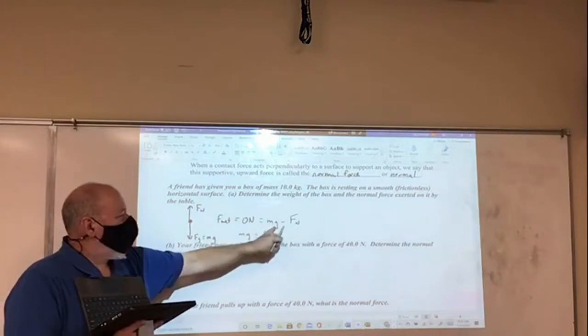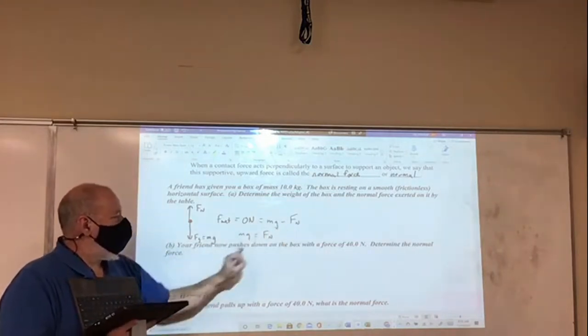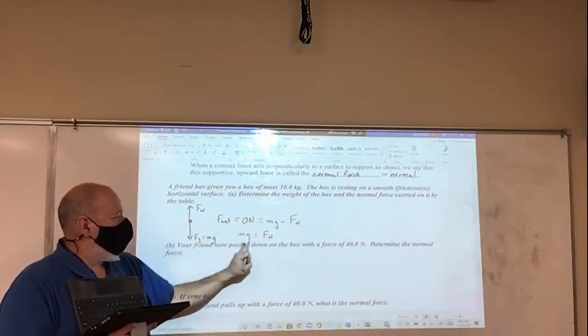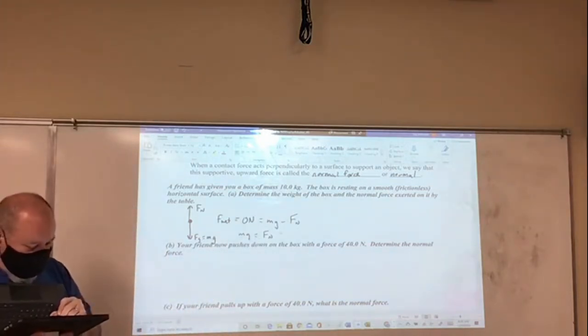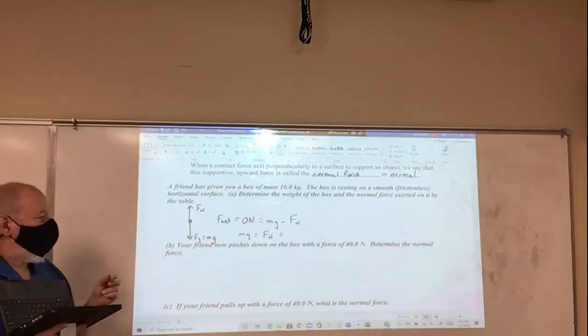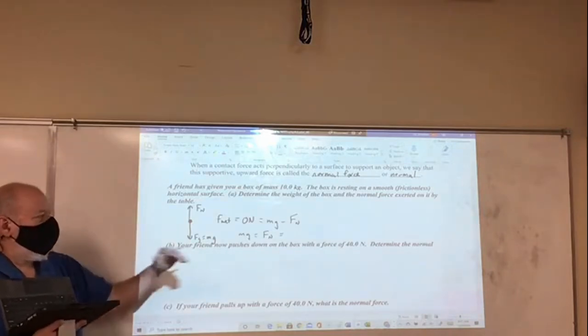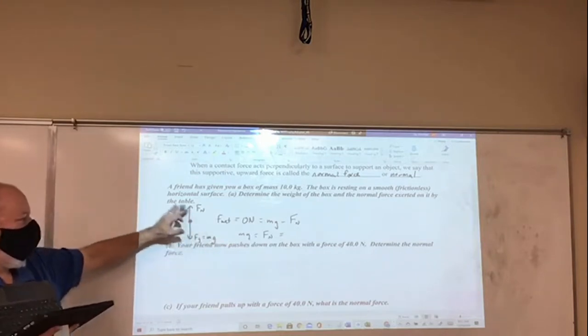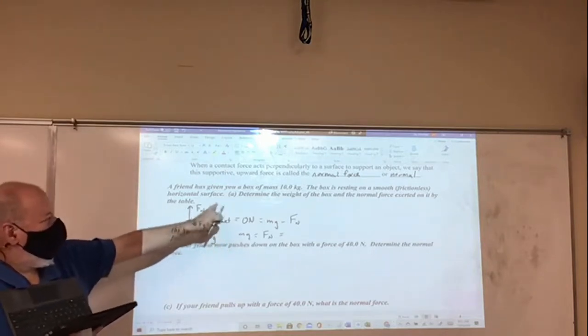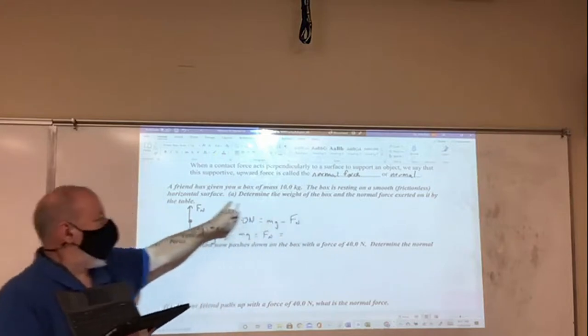Now, I didn't entirely necessarily need to do this, but you have to be able to show me in some kind of way that involves a formula and substitution into the formula what's going on here. And it says determine the weight of the box and the normal force.